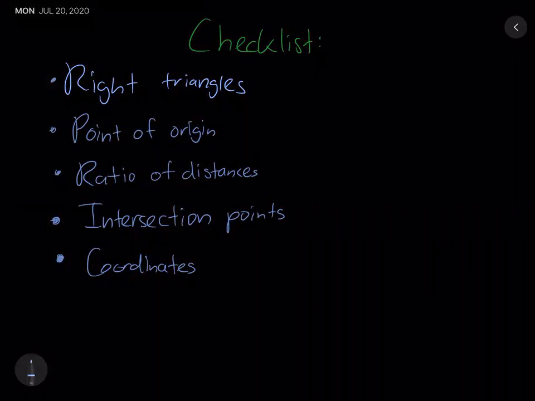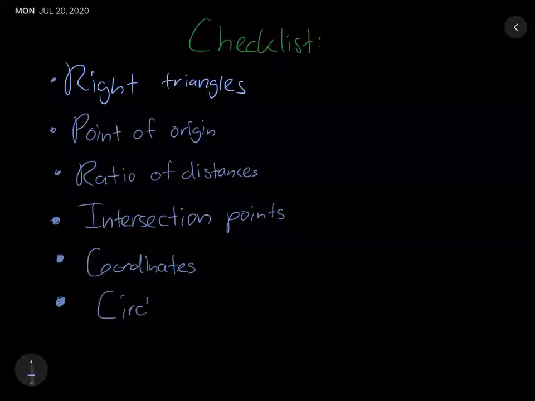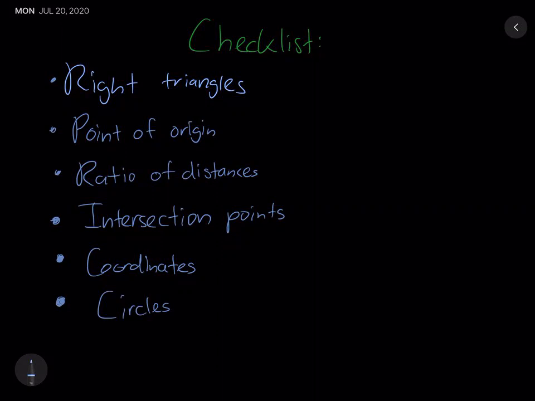Last one I just thought about, circles. When you have the intersection of two circles, or lines intersecting circles, coordinate bashing is probably a good idea. Although when you get to circles, it can end up being especially messy.